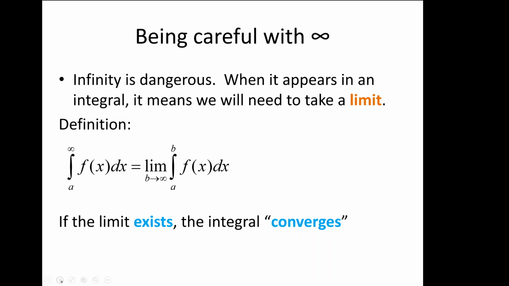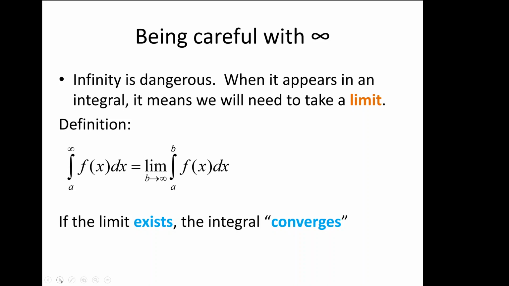Sometimes when you take a limit, a number comes out, like 0 or 3 or pi or e to the 2, but a number appears. And sometimes a number does not appear. You get infinity or minus infinity or something worse than that. In situations where you get a number coming out, we say that the integral converges.